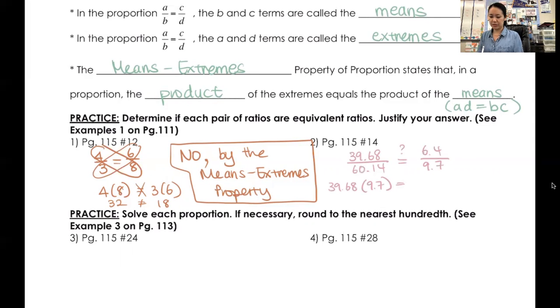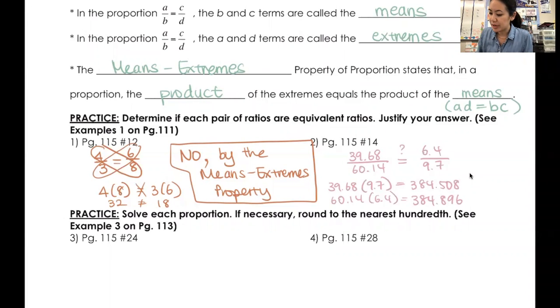All right, let me use a calculator for that one. And I get 384.508. And if I do the extremes, so 6.4 times 60.14, I get 384.896. So we're close, but not quite.